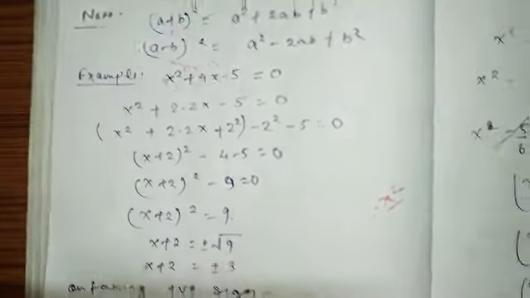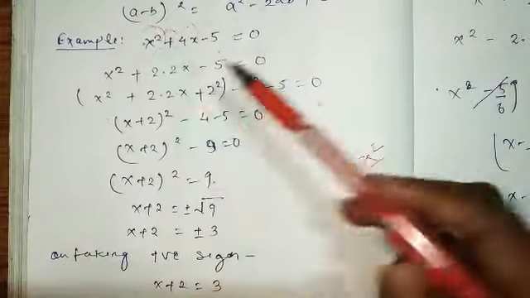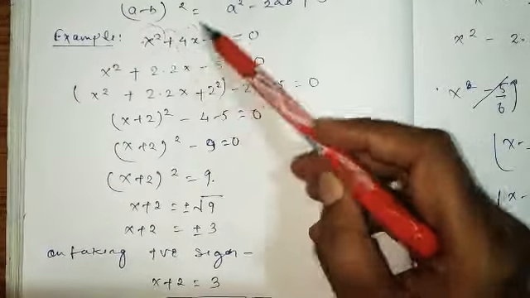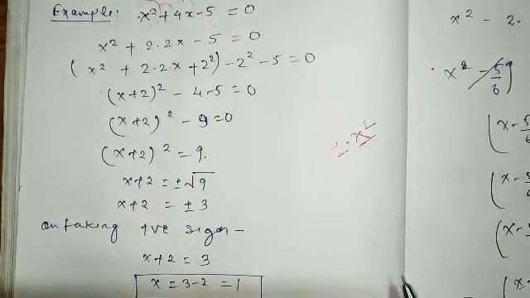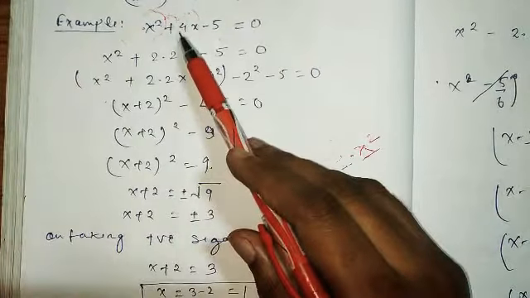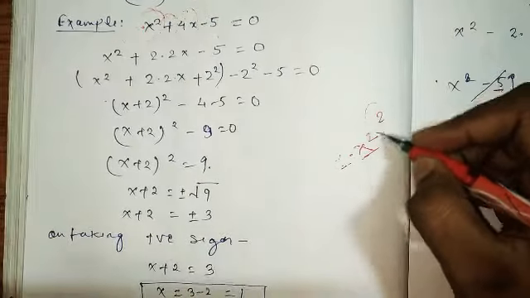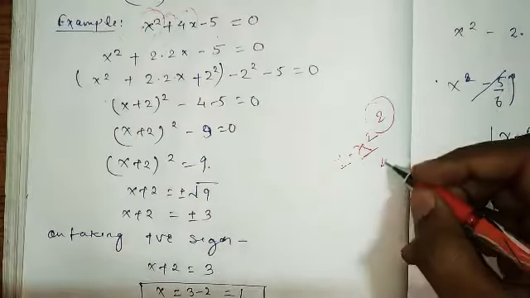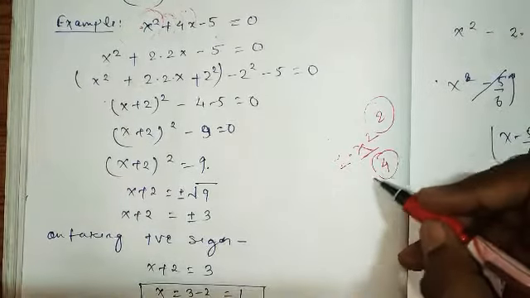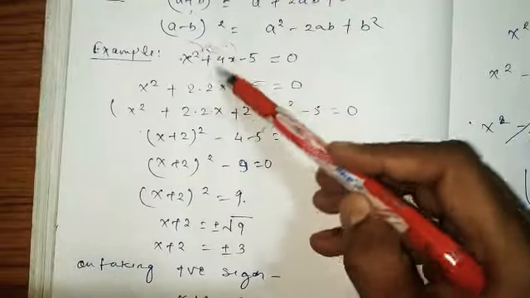Okay, I think I'm clear with it. Now x square plus 4x minus 5. The middle number is 4, and I have checked the sign also.